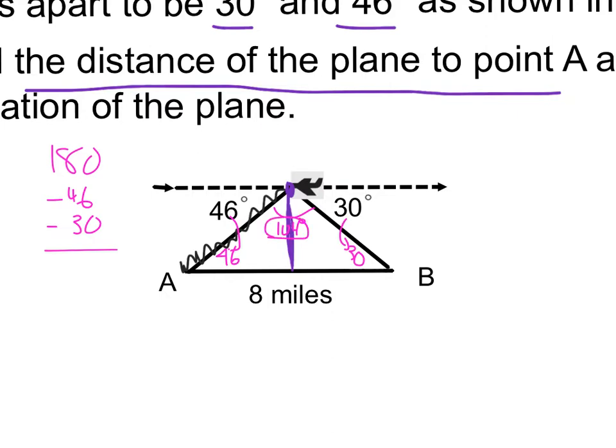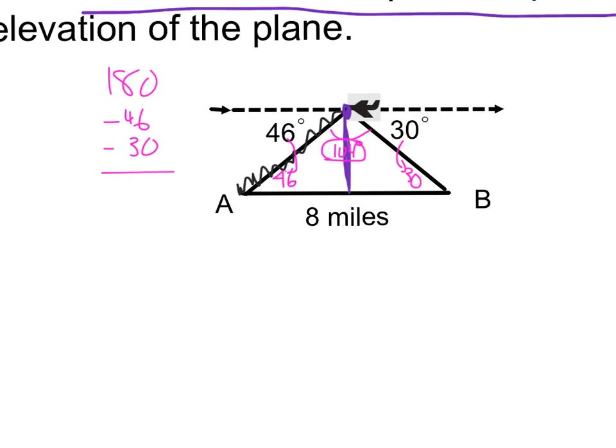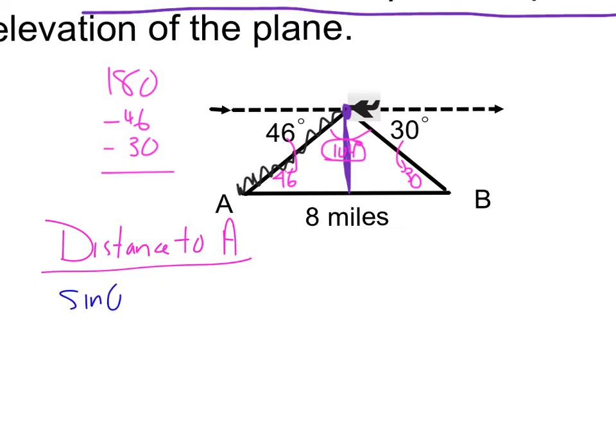All right, so now to figure out this length, the distance to A, which is what I'm solving, here's what I would do. I would start with the sine of 104 over 8 miles.